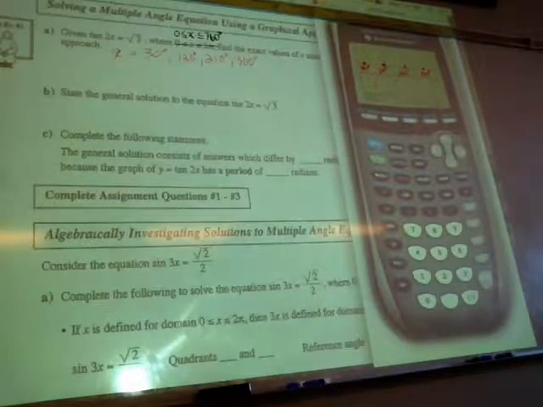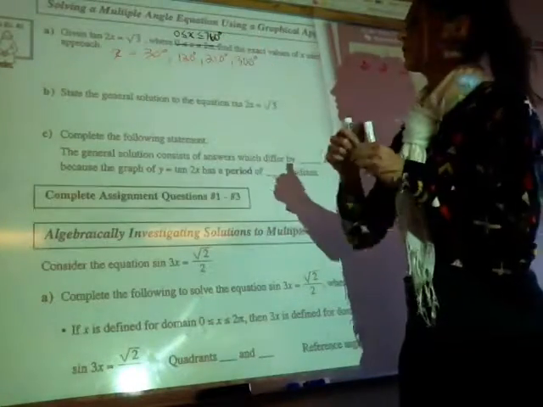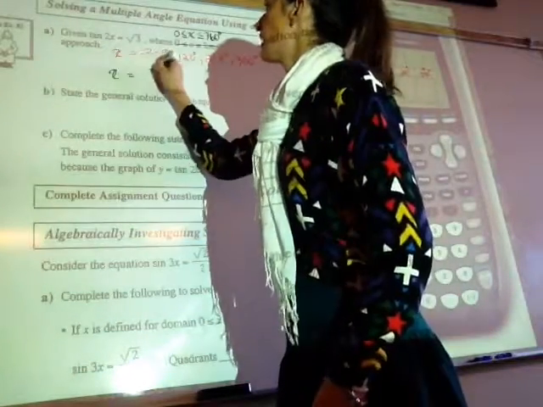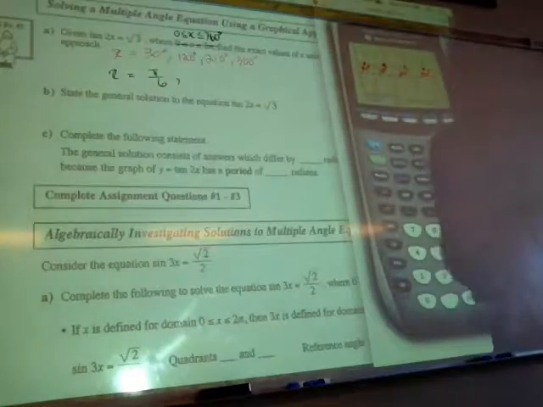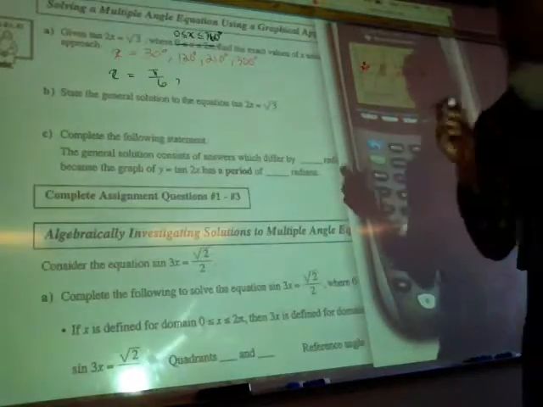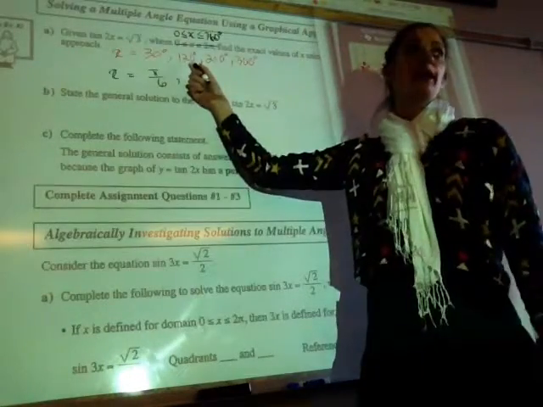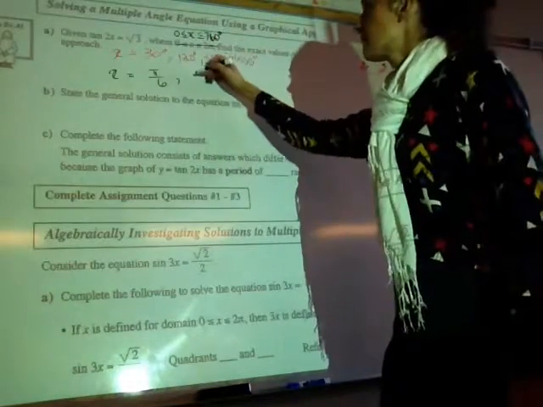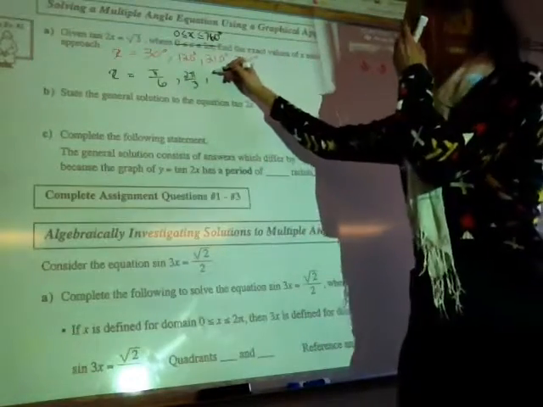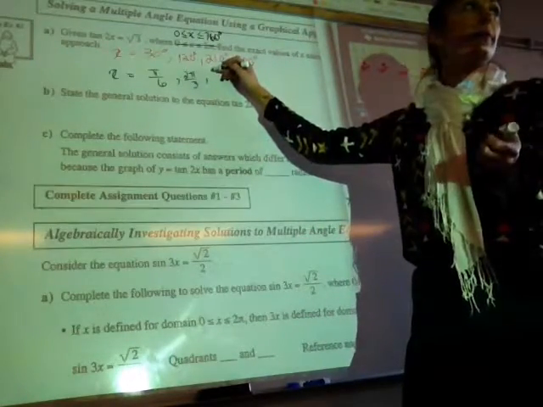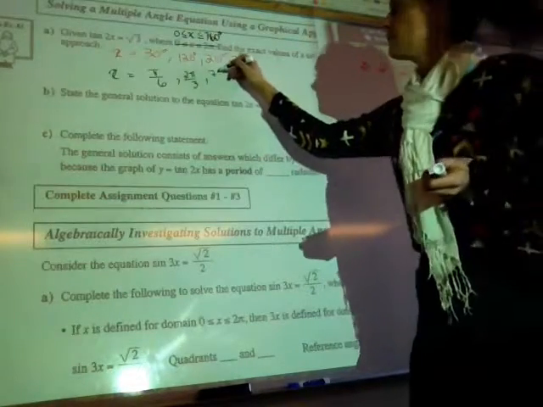I adjusted my window settings to degree, but if I wanted to put this in radians because my original domain was in radians, we would have pi over 6. Okay, 120, let's just go through it. 120 divided by 180, is that 2/3 pi? 2 pi over 3. 210 is 7 pi over 6.